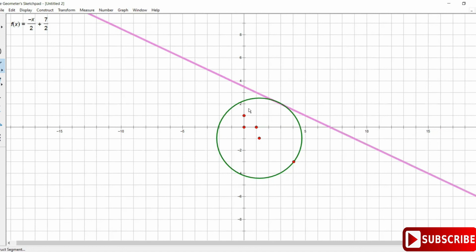That should have been a tangent to the circle. So I need to move the circle just a little bit to make it a real tangent. Something like this.